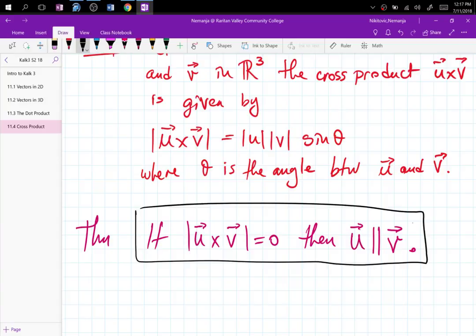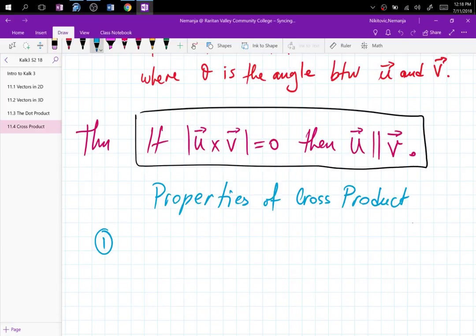All right. In the interest of time, properties. Number one, anti-commutative property.